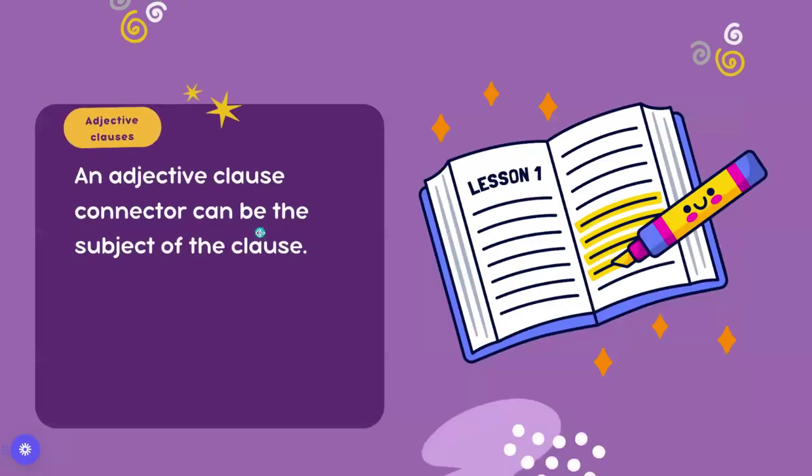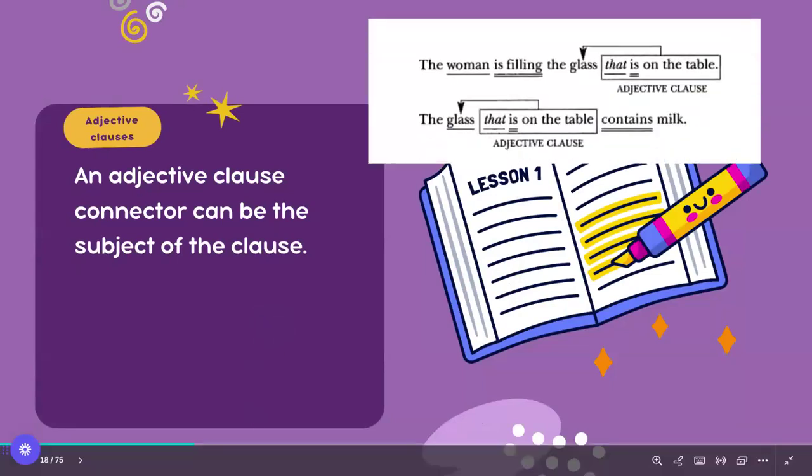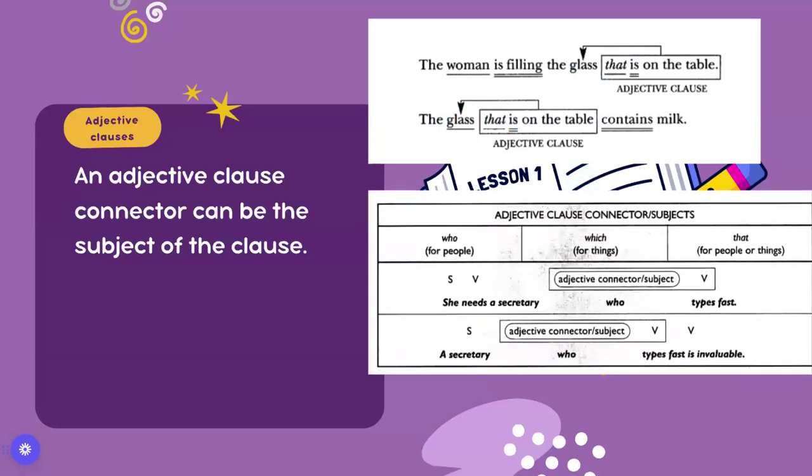And similarly to a noun clause, an adjective clause connector can be the subject of a clause. The woman filling the glass that is on the table. The glass that is on the table contains milk. And this will be the typical structure for adjective clause connector subjects.